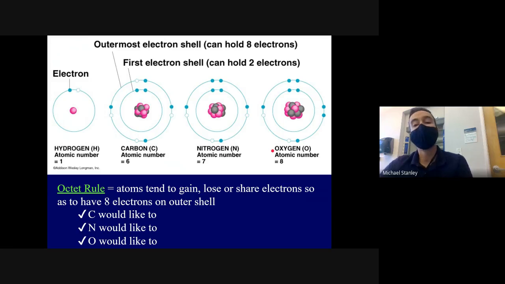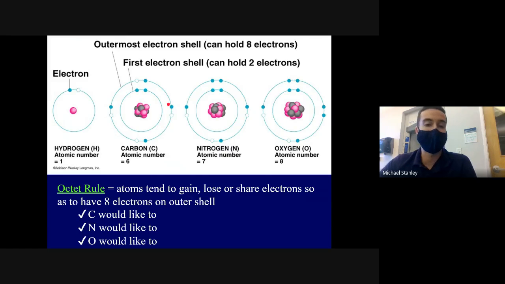And oxygen has 1 more than nitrogen and 2 more than carbon. So there's 2 on the first shell and 6 on the second shell for oxygen. So oxygen has 6 valence electrons. So maximum of 2 on the first shell, maximum of 8 on the second shell, and however many outer shell electrons you have, those are your valence electrons.